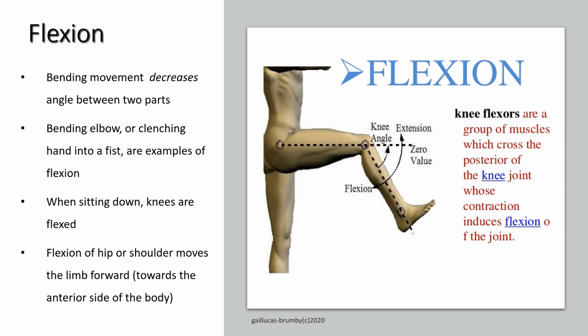They're going to be on the back of the body, and when they shorten and contract, the bottom part of the leg, which is the tibia and the fibula, come towards the femur and shorten the distance between the two parts of the body. If it was an elbow, then we would be flexing the elbow and shortening the distance, so bringing the wrist towards the shoulder.